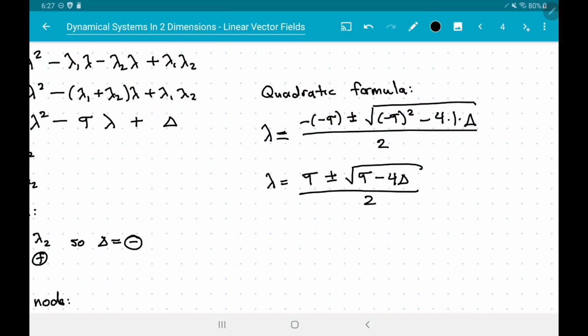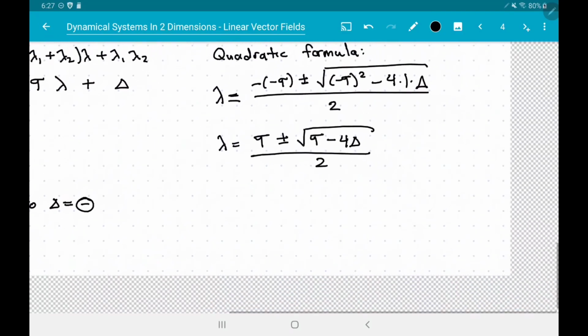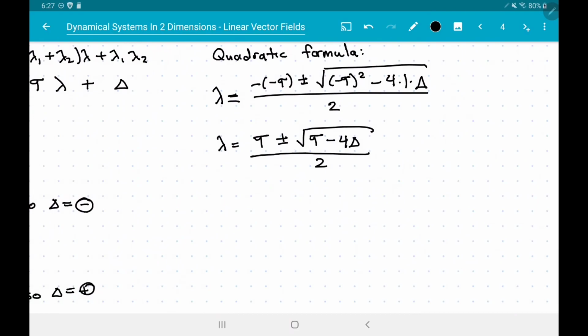And so those are the solutions. Those are the eigenvalues expressed in terms of the trace and determinant. Well, in order for these to be real, let me give these names, lambda plus and minus, they are real if tau squared minus 4 delta is a positive number, so that we get a positive square root right there.